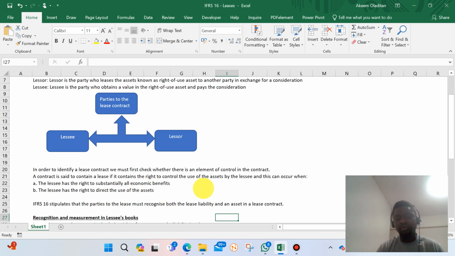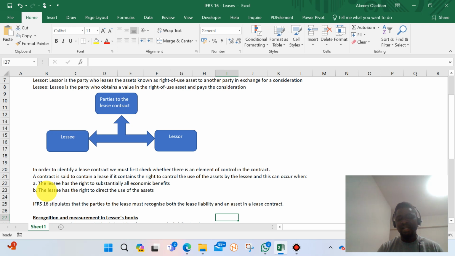And also the lessee must have the right to direct the use of the assets. For instance, you can have a lease contract where you lease a vehicle for a period of time, maybe 2 years, and the lessor can decide to change that vehicle with another vehicle.